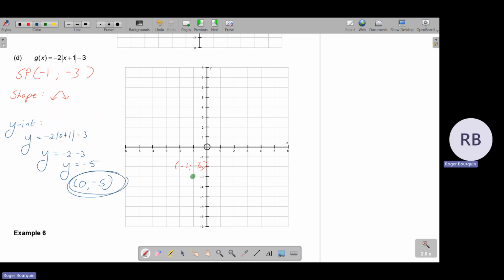Do you have the y intercept for me? Yeah. That's zero and -5, good. Okay. So you've got half of the graph here.